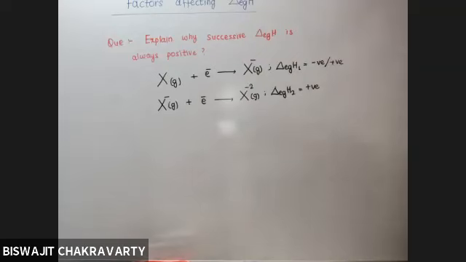Is it clear why successive electron gain enthalpies are always positive? Yes, sir. So write down.